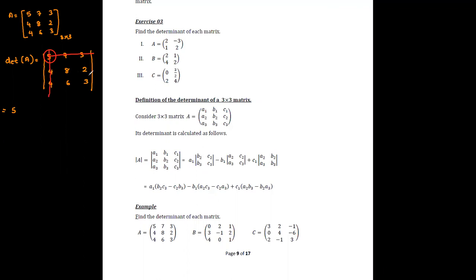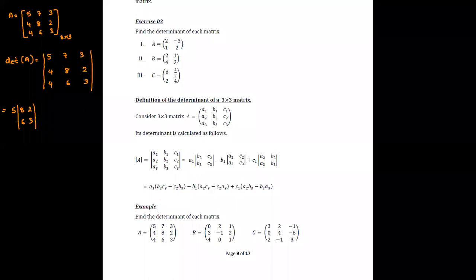Then the remaining elements have to be written inside the modulus notation. Then this will be 8, 2, 6 and 3. Then we have to move to the second column element. Once you select the element in the second column, this would be equal to 7. And we have to cut off the row and column associated with this.